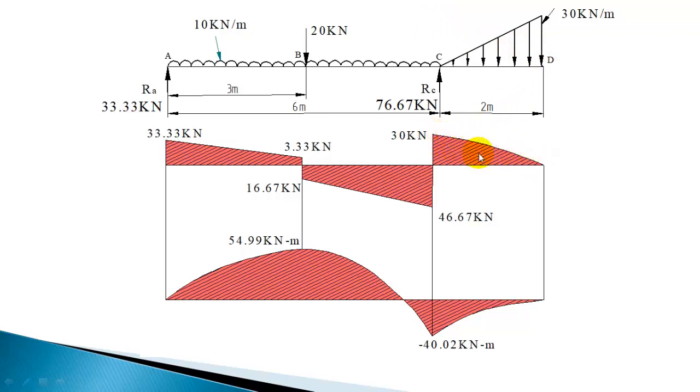The variation you should show in the other way. Here the decrease in shear force is slow because the load part is less. When it comes to the end D, there will be a rapid decrease. Slope will be less here, and here the slope will increase.